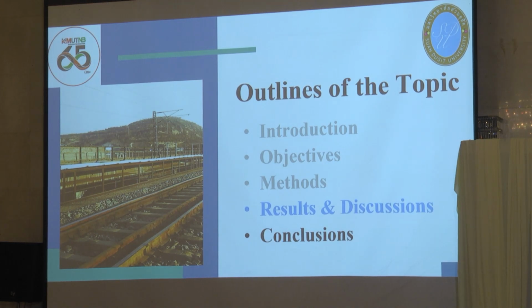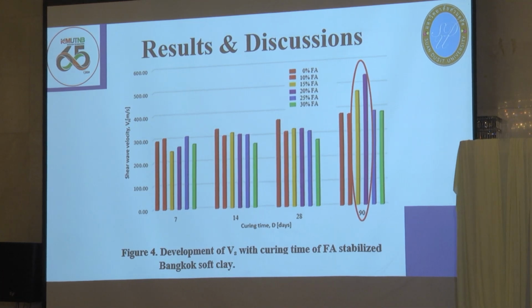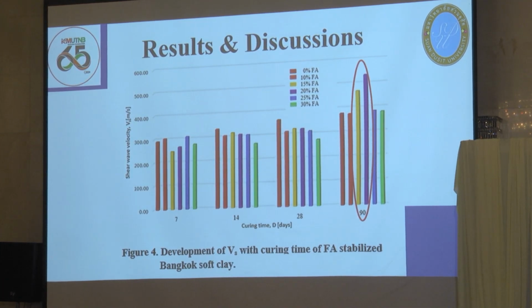Results and discussion. Shear wave velocity versus curing time at 7 days, 14, 28, and 90 days. At 90 days, 20% fly ash gives the highest shear wave velocity.